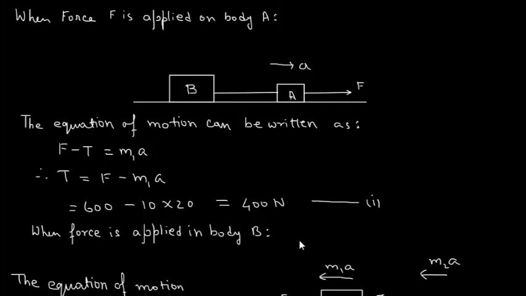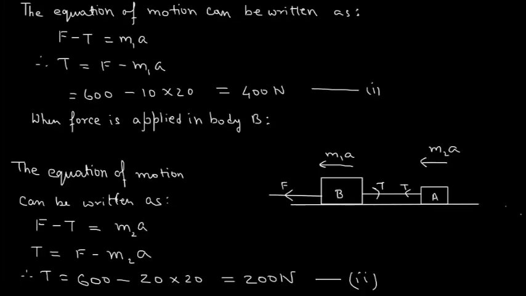When the force is applied in body B, this is the diagram, then we can say the equation of motion can be written as F minus T is equal to m2a. T is equal to F minus m2a.